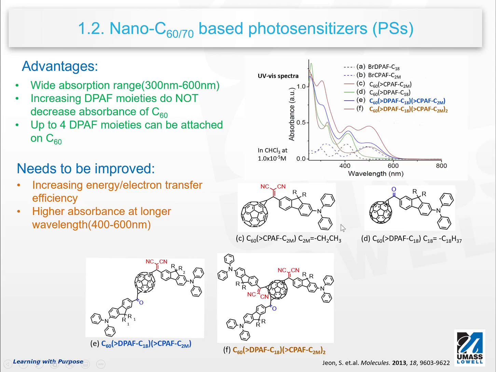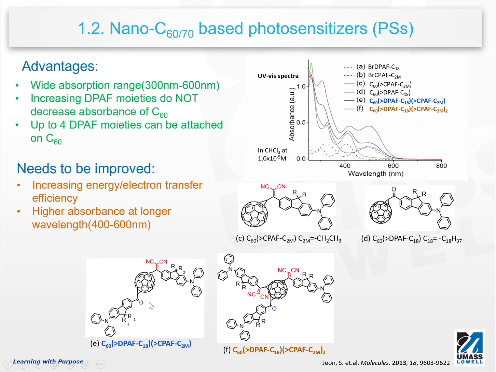And another thing we noticed is that even with more DPAF moiety attached on the C60 ball, it will not decrease the absorption of C60. Normally, with more modification on the C60 surface, it will break its conjugated system, and then the absorption will decrease. However, with more DPAF moiety attached on the C60, in our case, they will not decrease the absorption of C60 much.